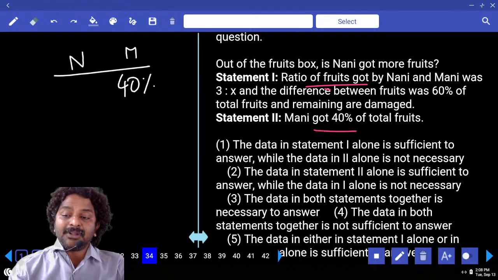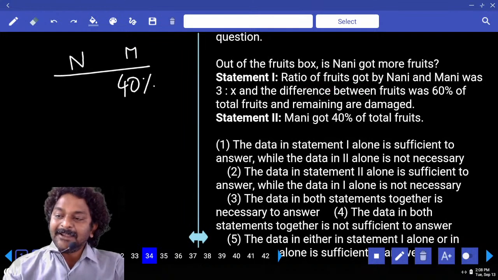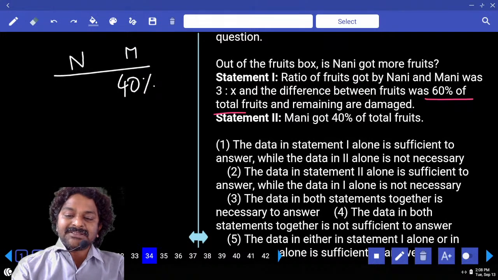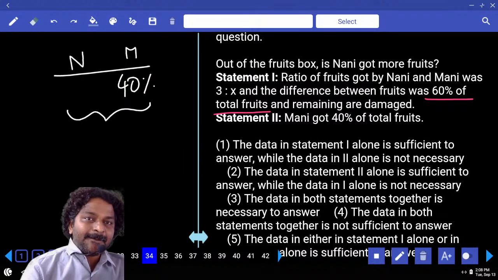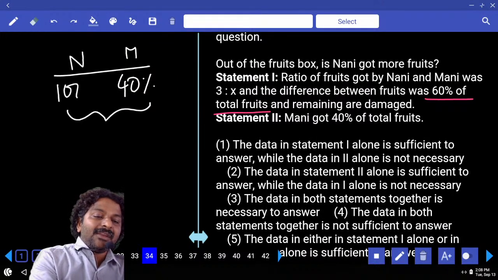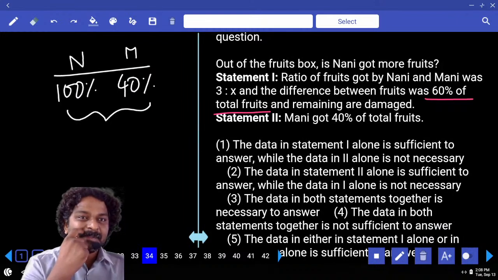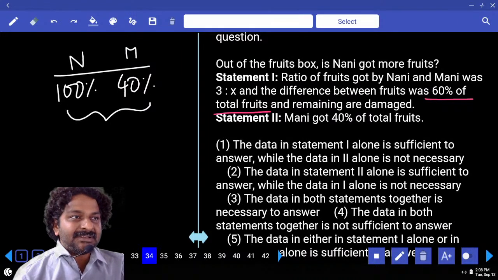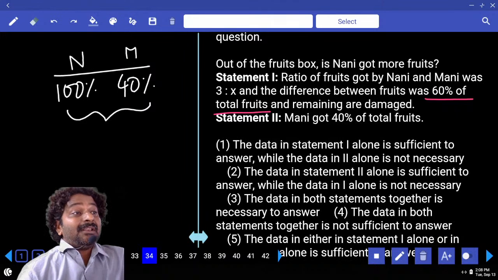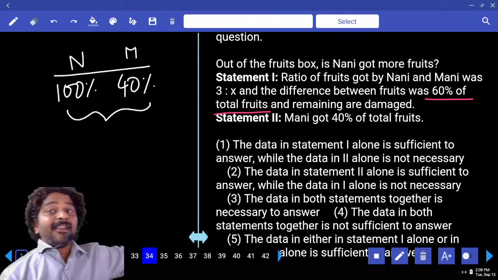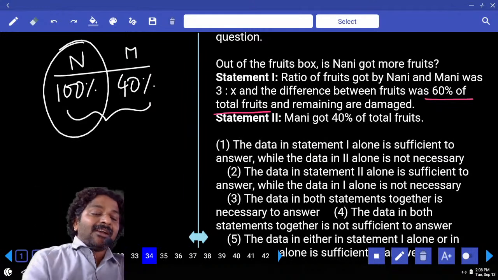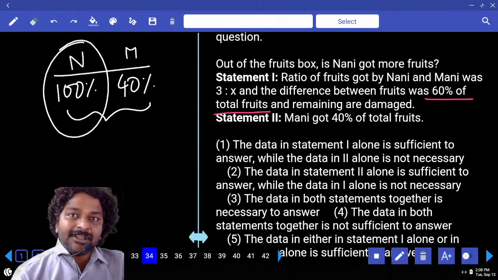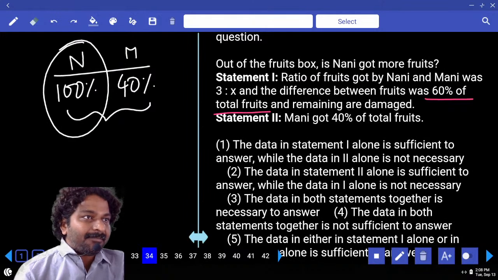When you use both informations, they said the difference is 60% of total fruits. Then can you write 100% here? Come on. Can you get 100%? How much should be the total? If 100% is the total, can Nani get all the fruits and Money get 40%?